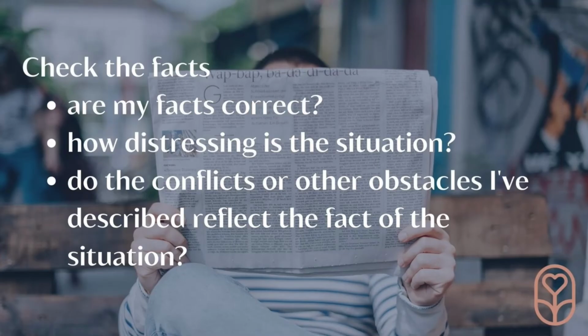Ask, how distressing is the situation? It is easy to catastrophize the situation and make it into a much bigger problem than it really is. Radical acceptance and other distress tolerance skills are ways to help you reduce emotion. Stop catastrophizing and see the problem situation more clearly.